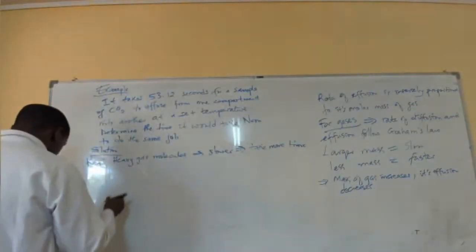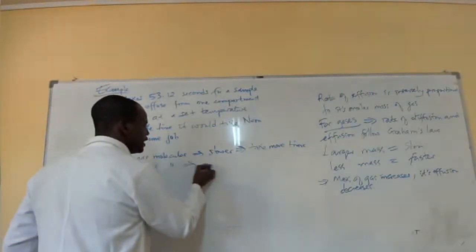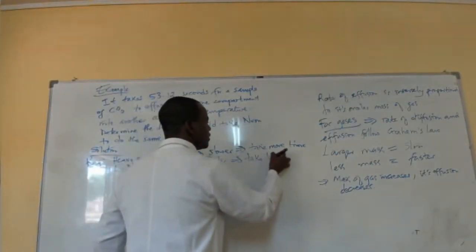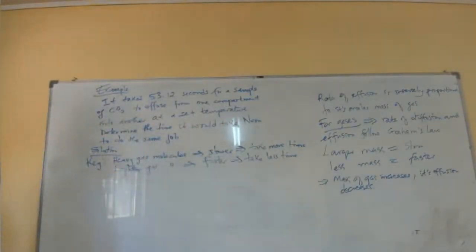Then lighter gas molecules are faster. Therefore, they take less time to move. So it's like movement of vehicles between a truck and a car. All things being constant, assuming that all vehicles are in tip-top condition, you expect that the car will move faster than a truck, which is a heavy vehicle.